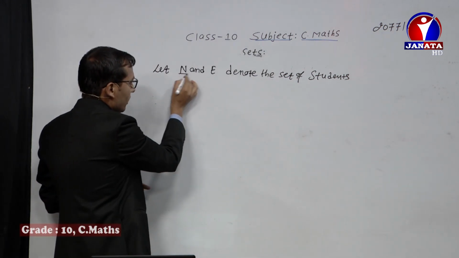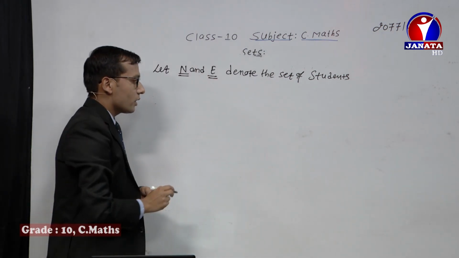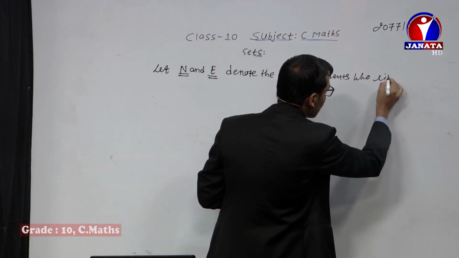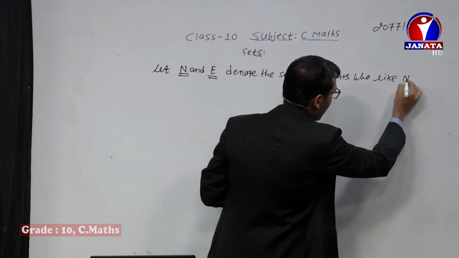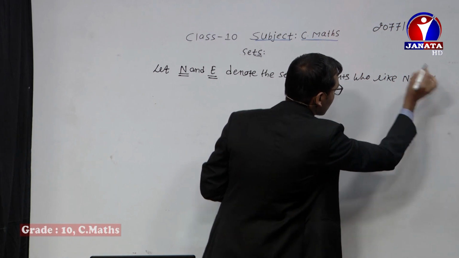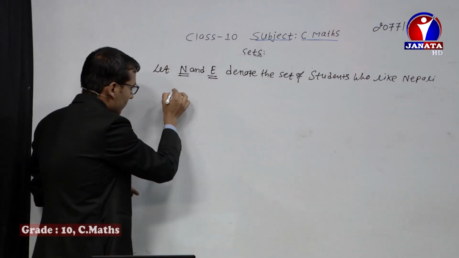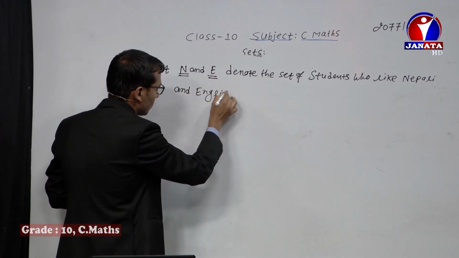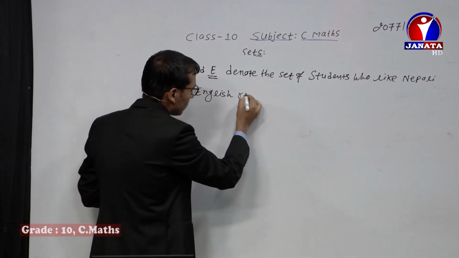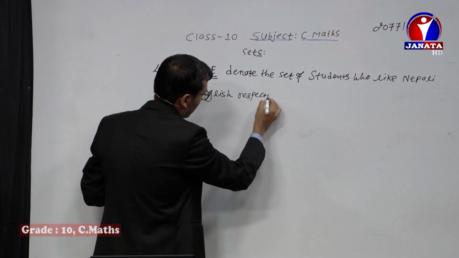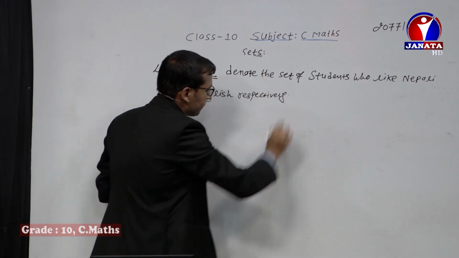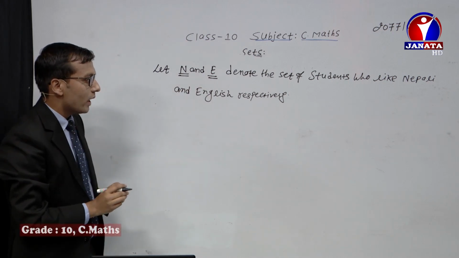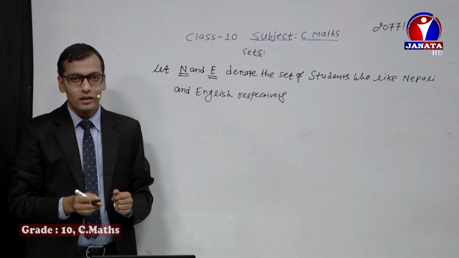Let N and E denote the set of students who like Nepali and English respectively.